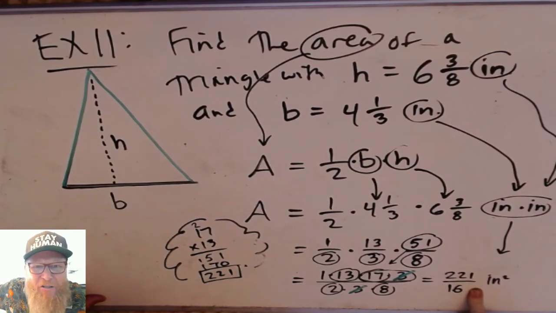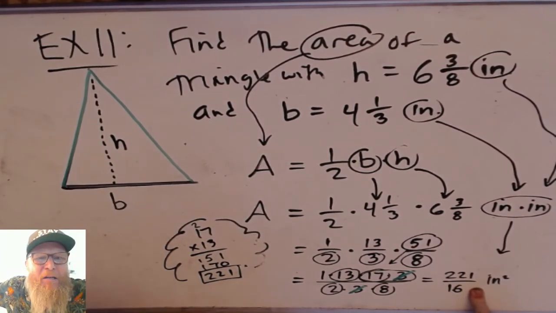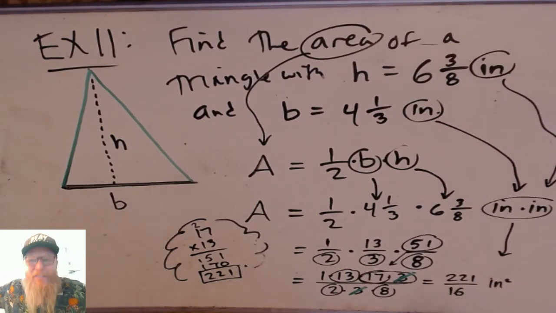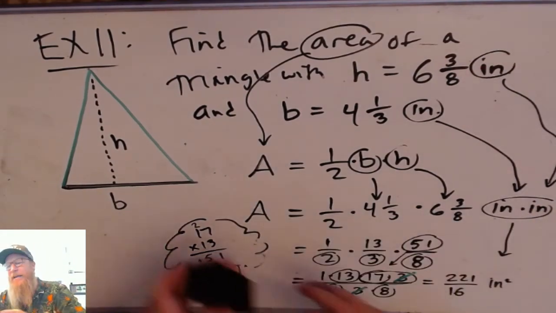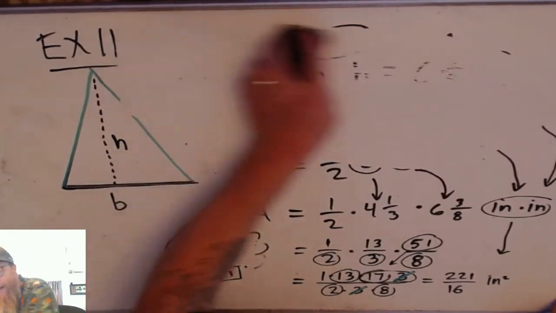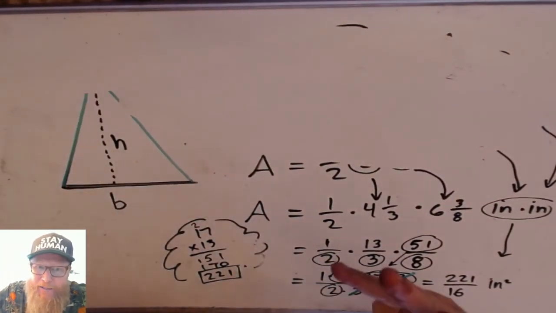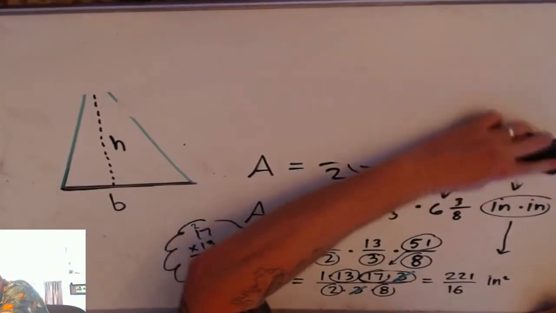Can I get a manager to help me out here? Because I need 221/16. Hello, can I get a manager? Nobody, not even the manager is going to be able to help you. 221/16, what are you talking about, right? So you have to write this in a way that makes sense to the average person. Remember, you got to be able to tell this to a person, otherwise it's meaningless.